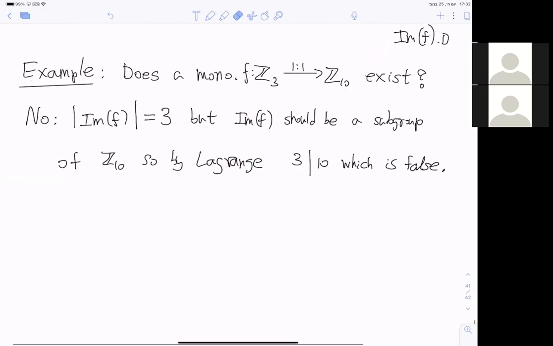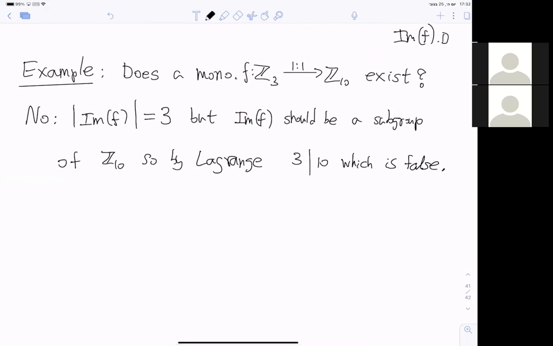Now, another thing we should have in mind is something we have seen in linear algebra, but it was for the particular case of vector spaces. Now it is much more general.